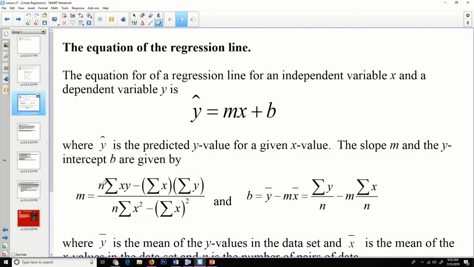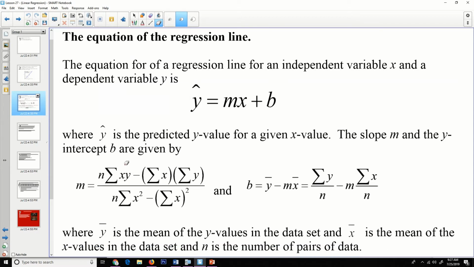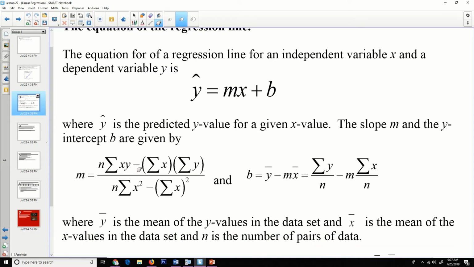Clearly, that's small, but the more pieces of data, the more elements you'd have to multiply. Then from that, you would subtract the sum of all of the x values times the sum of all of the y values. So you do the sum of the products, and then the product of the sums.